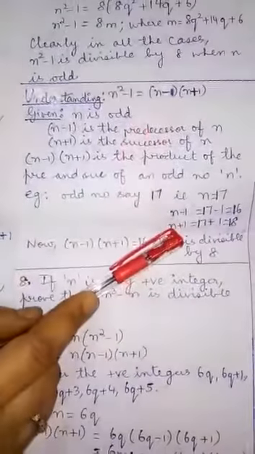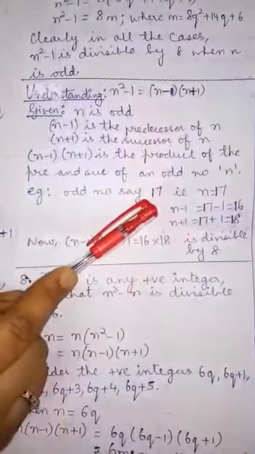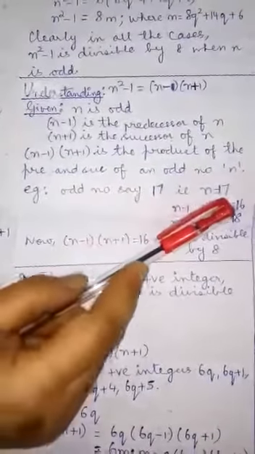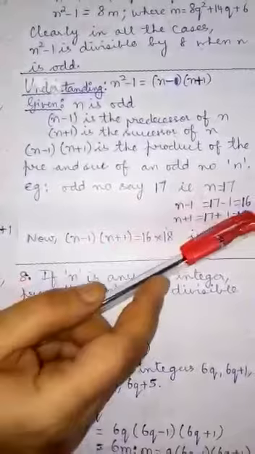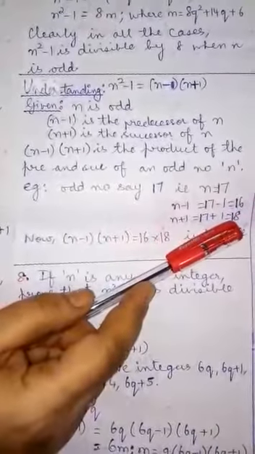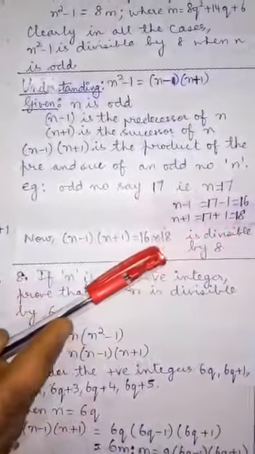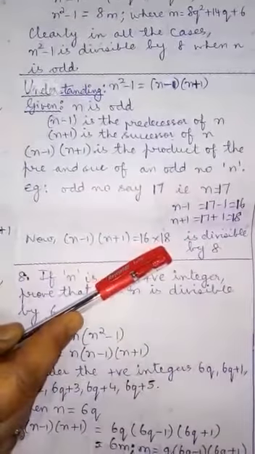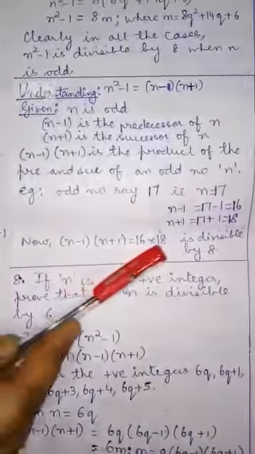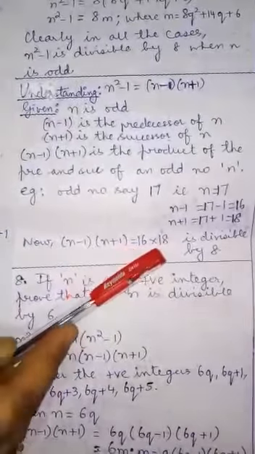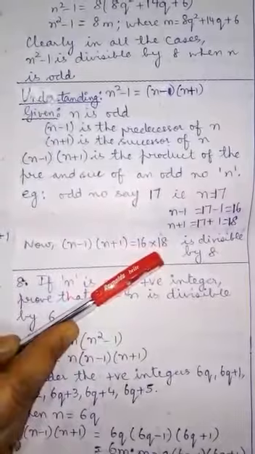See this example here. Let's consider the odd number 17. Now when n is 17, n minus 1 is 16 and n plus 1 is 18. We need to find n plus 1 into n minus 1, which is 16 into 18. Now see the product. 16 is divisible by 4, 18 is divisible by 2.